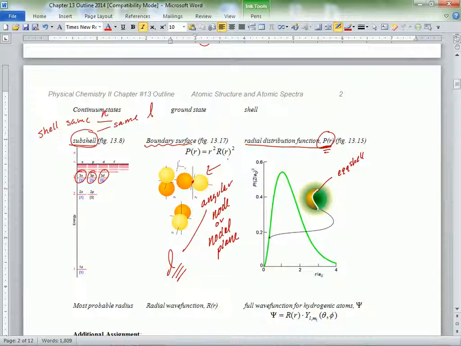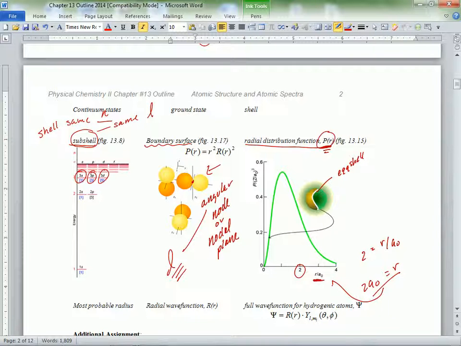Okay, so this is kind of what it looks like. Right around r equals a naught, when you have a 1 here, notice how the book does this a lot. That means you have to divide whatever the axis is, so 2 means r over a naught equals 2. So then r equals 2a naught.